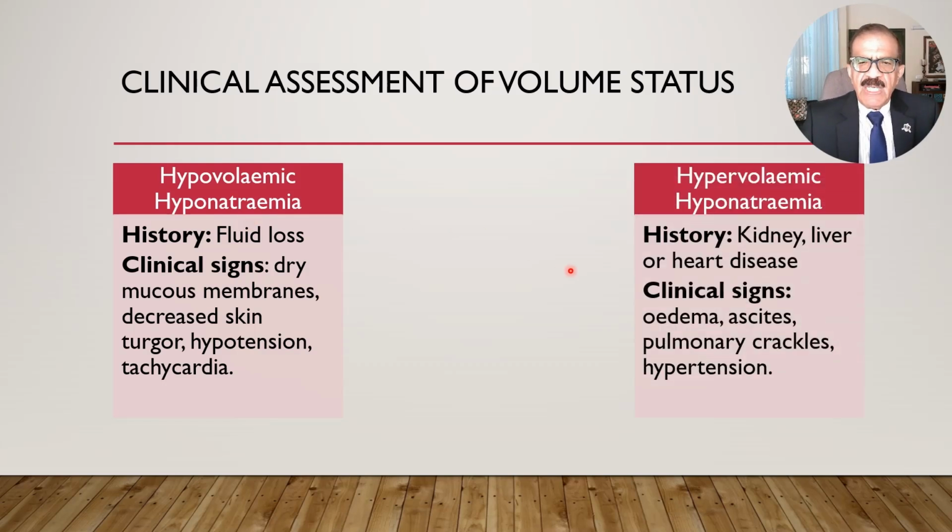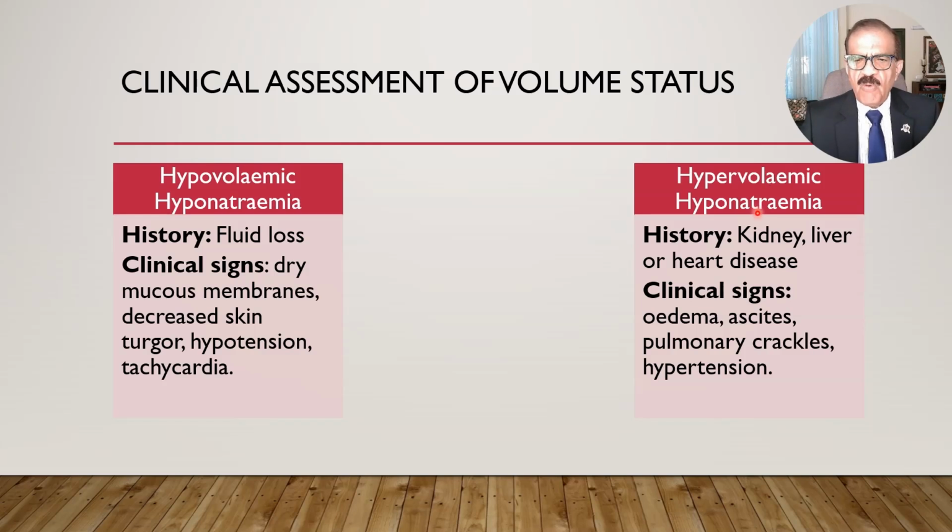But then there could be hypervolemic hyponatremia, and if you take history, the patient may already be a case of kidney disease, chronic kidney disease, kidney failure or nephrotic syndrome, or the patient may have liver disease like chronic liver disease or cirrhosis, or the patient may have heart disease, heart failure. In these conditions, the patient has hypervolemic hyponatremia.